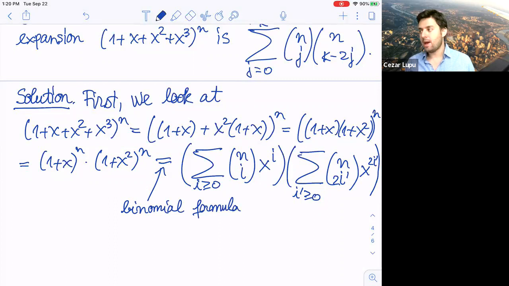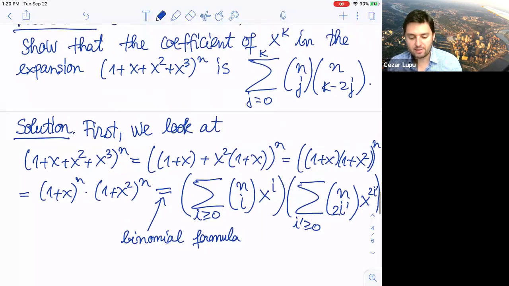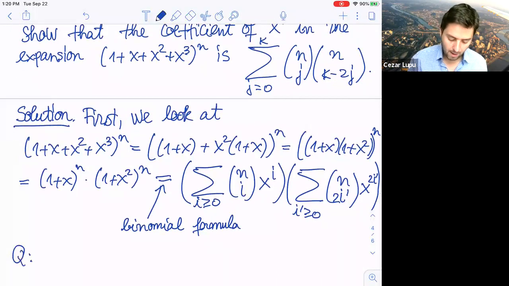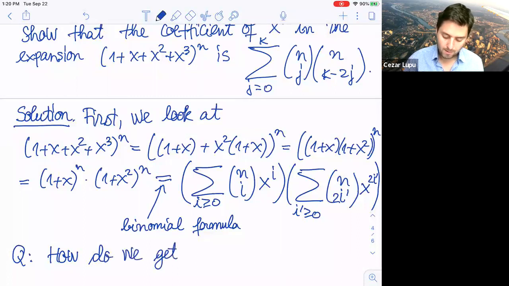All right, and now, well, how do we get this term? You see, now we have to multiply these two. If I'm interested in the coefficient of x to the k, how do I get the x to the k term?